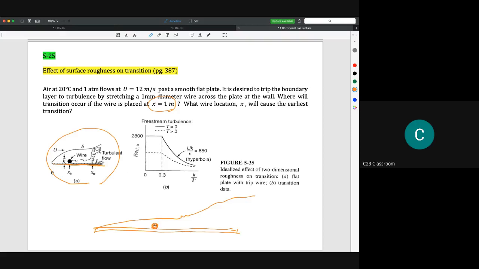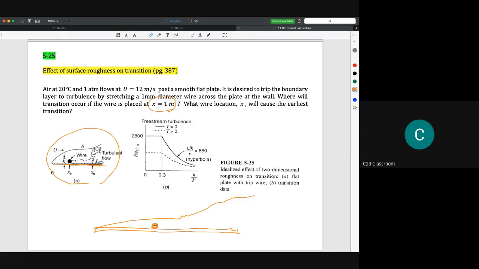The object that we want to use must not be in a stable region. As I said, if we put it in a stable region, the flow will go back to laminar after passing through the disturbance. That's why we need to know about the instability.